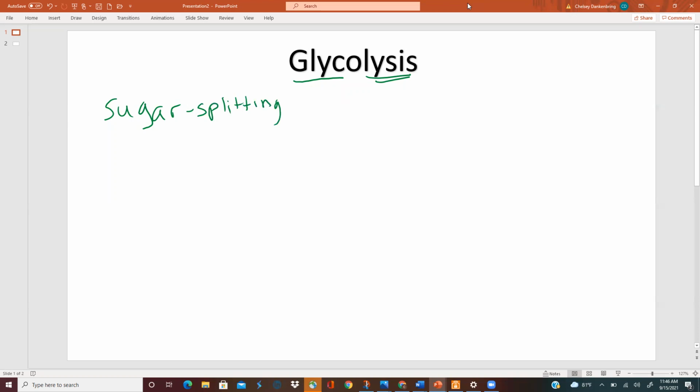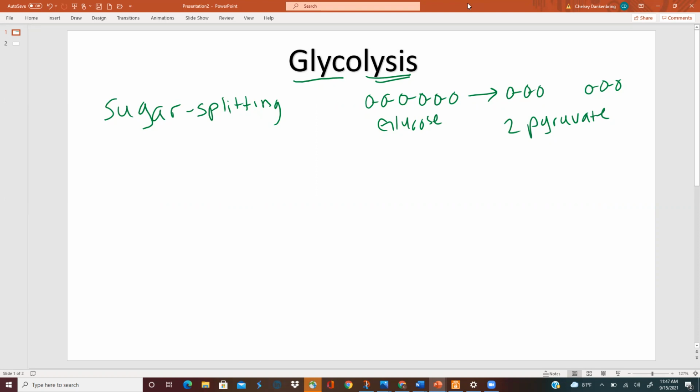Big picture, we have a 6-carbon sugar called glucose, the primary sugar that our cells like, and it is going to be split into 2 3-carbon molecules. Each of those 3-carbon molecules is called pyruvate, so we're going to have 2 of them. We're literally splitting glucose into smaller pieces.